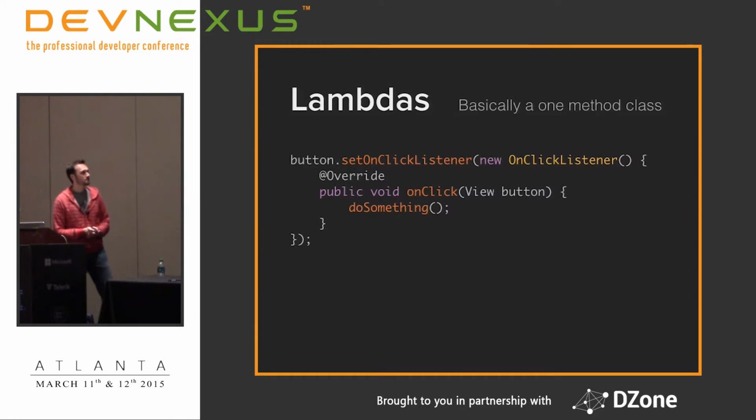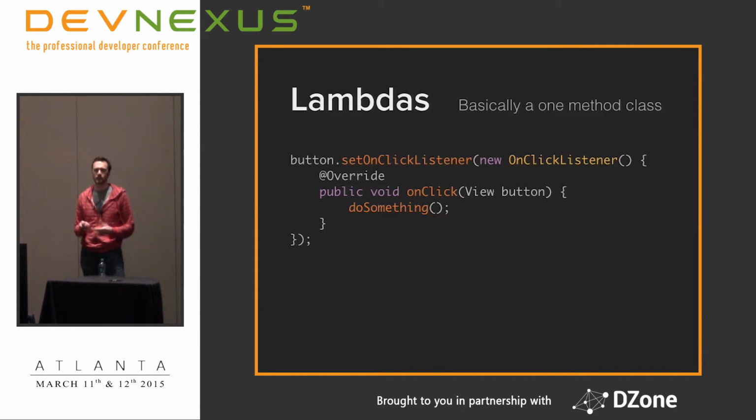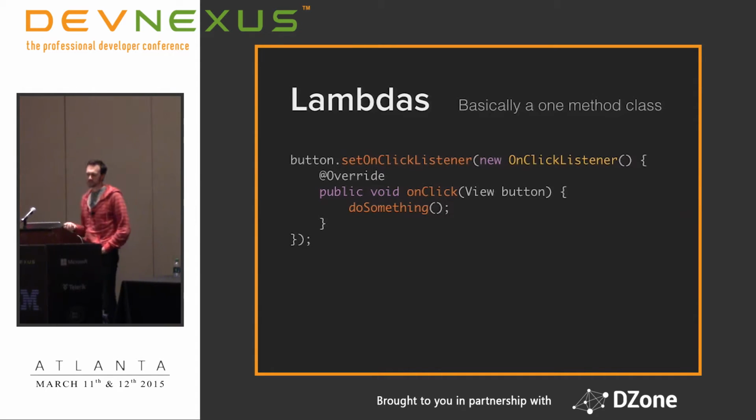Okay, now if anybody here is an Android developer, you'll be like, well, that looks great. These lambdas are nice and concise, but I can't use them. That's where I'll talk a little bit about Retrolambda. But if you're an Android developer, you've probably seen code like this 1,000 times, or written code like this 1,000 times, right?